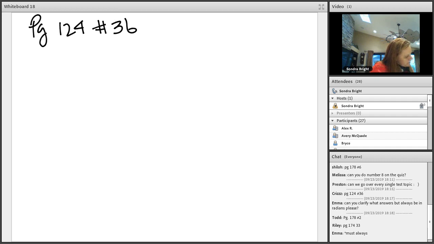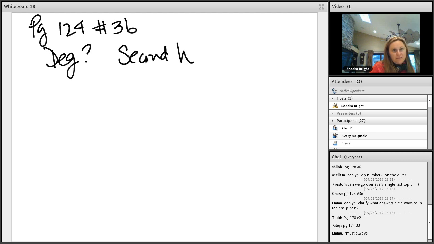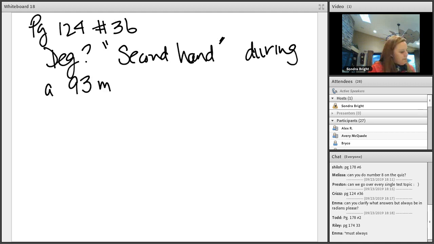So they want through how many degrees does the second hand, now when they say second hand, it truly means the second hand, not the minute hand. We're talking about the one that moves around the clock every second. Okay, so how many degrees does it rotate during a 93-minute movie?